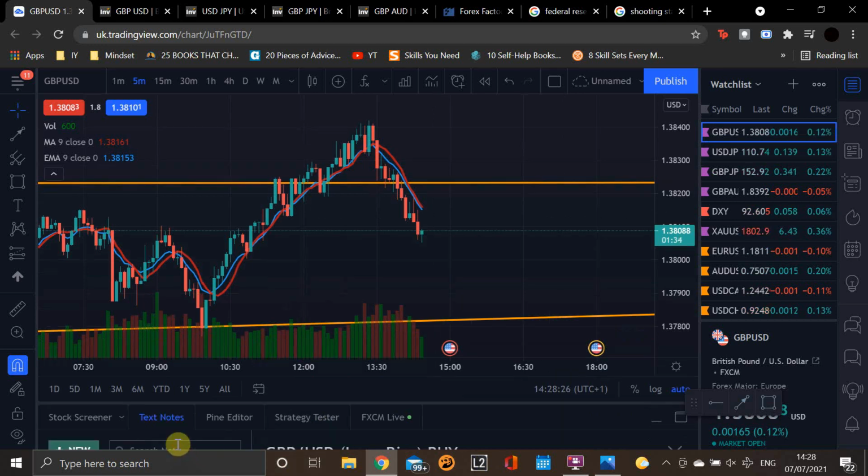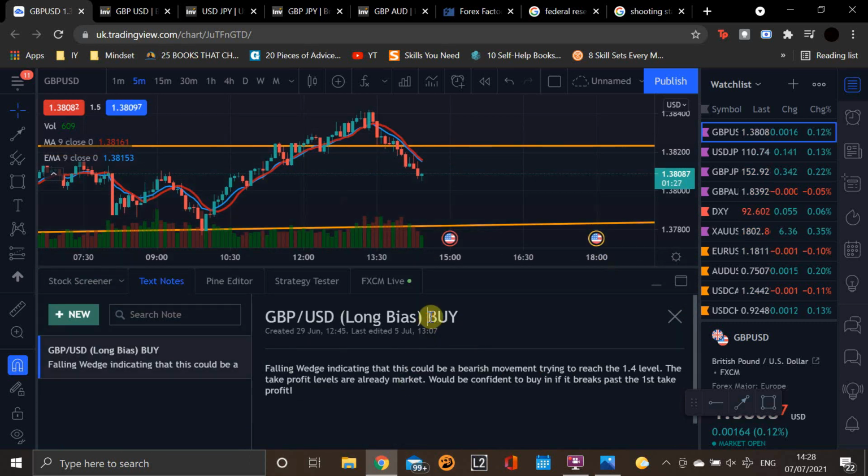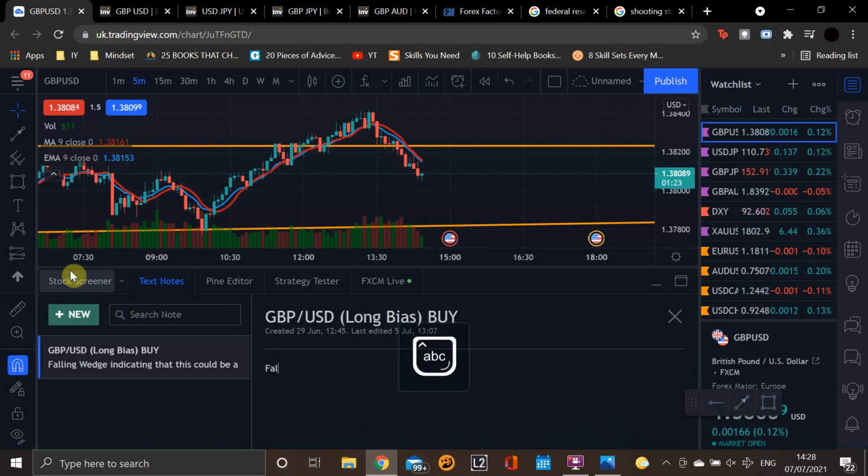So I'll put in the notes. Last buy. So we'll put falling wedge, symmetrical triangle, and ascending triangle, all spotted.